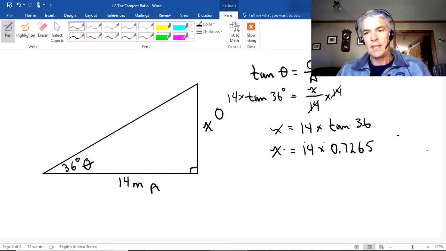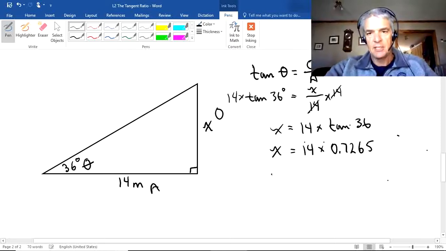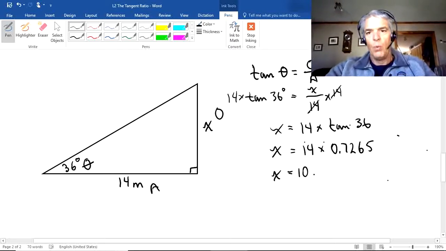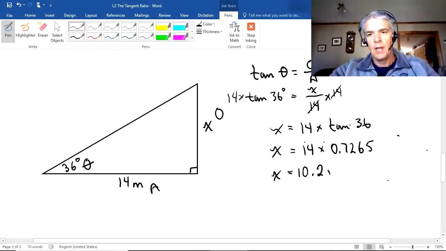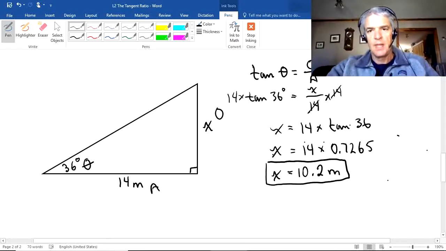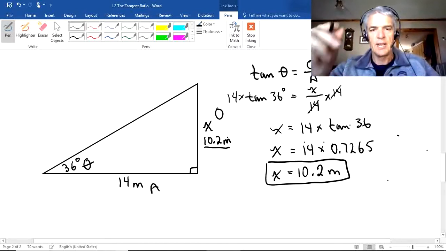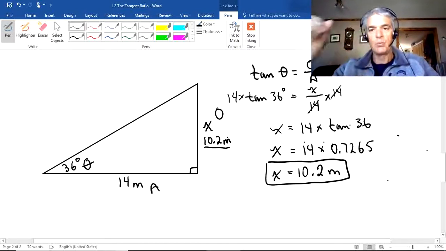The calculator will look up tan 36, substitute in this number, multiply it by the 14, and it gives me the answer x equals 10.17, which I'm going to round off to 10.2. I'm going to put meters on there, and I box this. And so the actual answer is 10.2 meters, which I can write over here if I want as well.